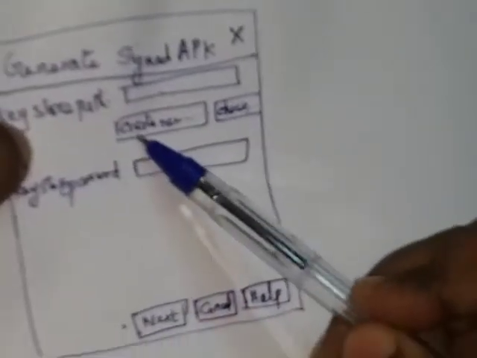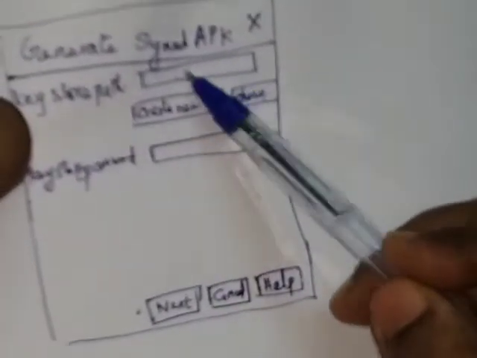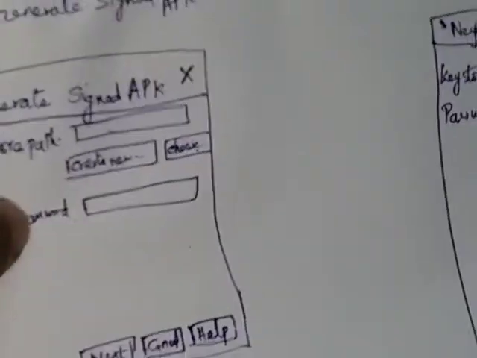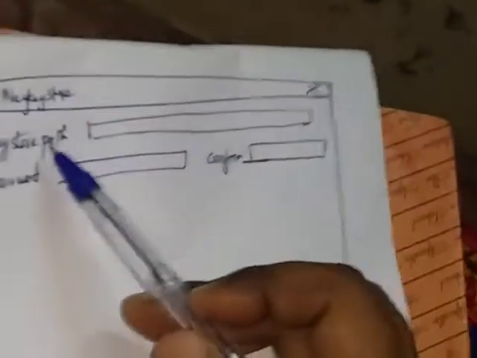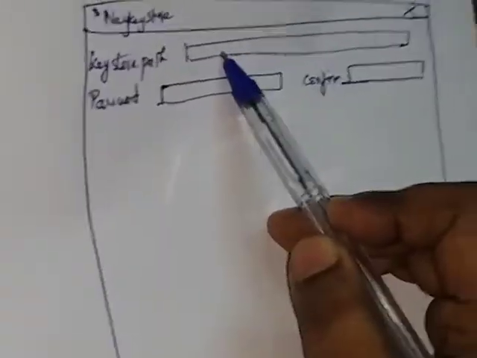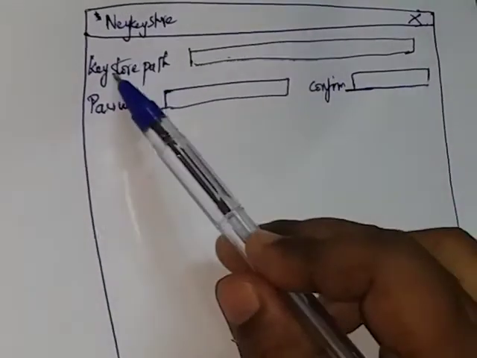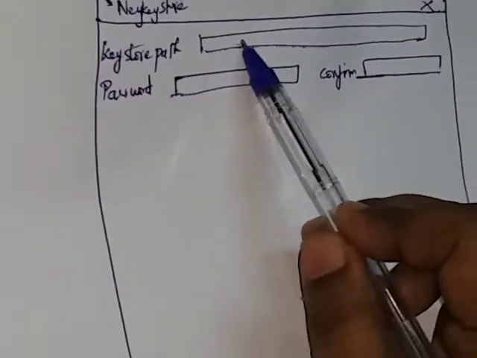If we are creating a first application, we have to enter a new key store path. If we press the Create New button, a new key store window will appear. In there we have to choose our key store path, fix a password and confirm it. This key store path gives the name of the folder where we have stored our application.